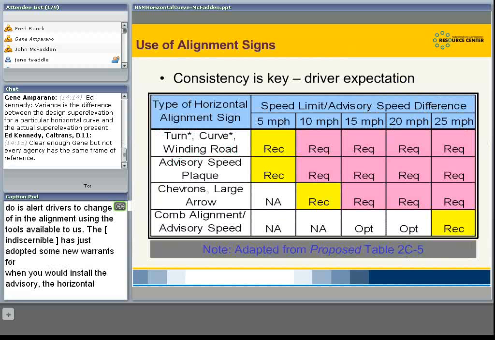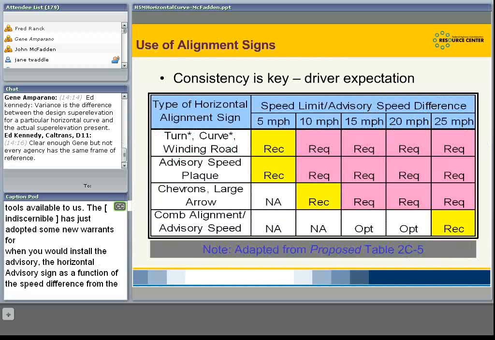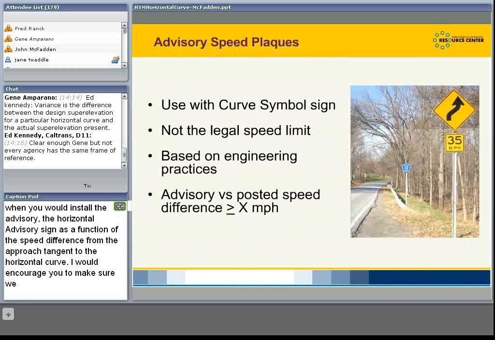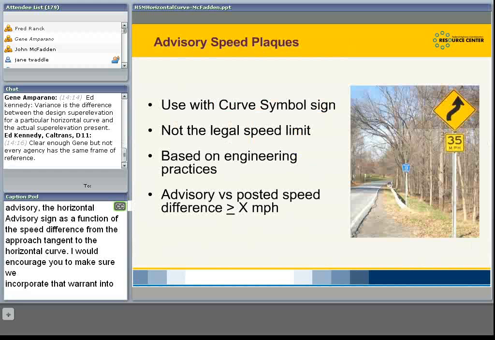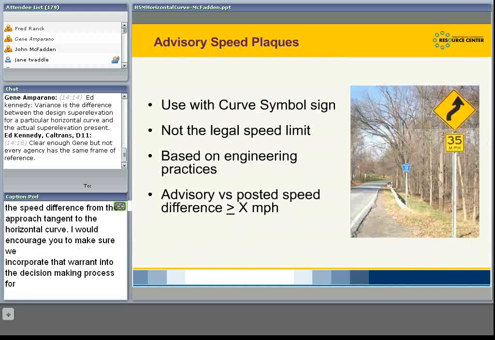Here are some of the horizontal alignment signs taken from the MUTCD. And what we're trying to do here is, again, alert drivers to changes in the alignment using the tools that are available to us in the MUTCD.